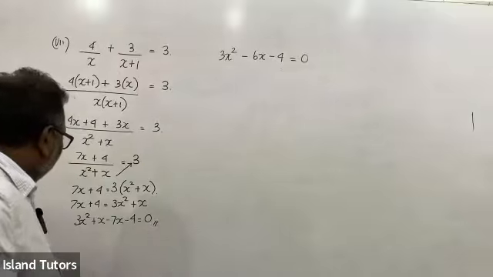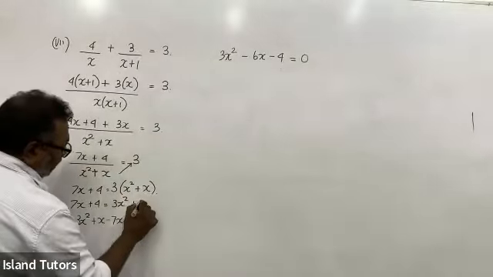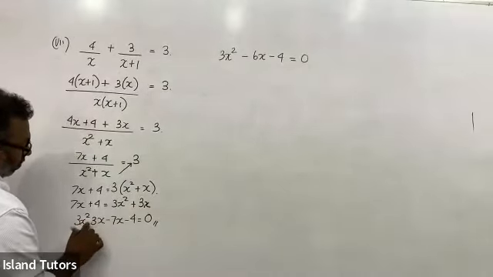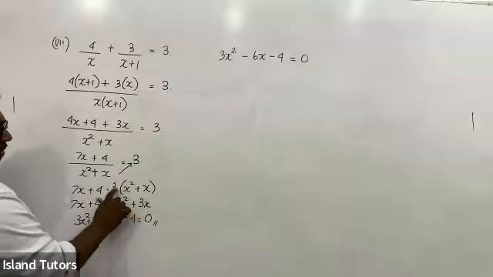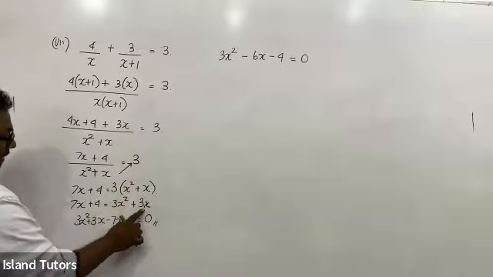Sorry, it should be plus 3x. 3 into x is 3x. Right? 3x squared. 3 into x squared is 3x squared. 3 into x is 3x.